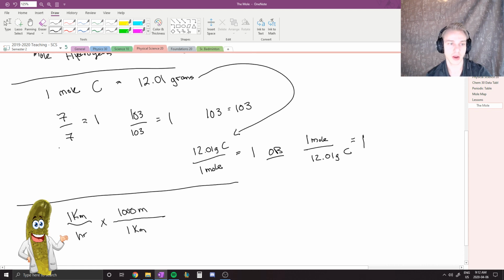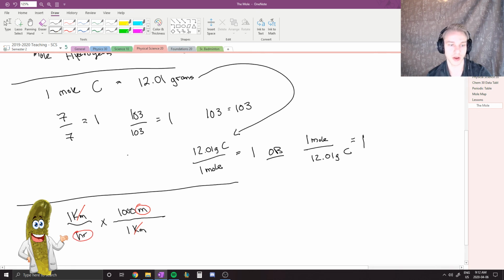And up here, what we said was that if anything is on the top and the bottom of a fraction, we know that those must cancel out or equal 1. So our units of kilometers end up canceling out, and the only unit that I have left is meters on the top and hours on the bottom.